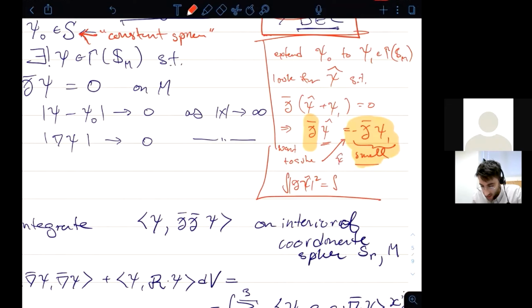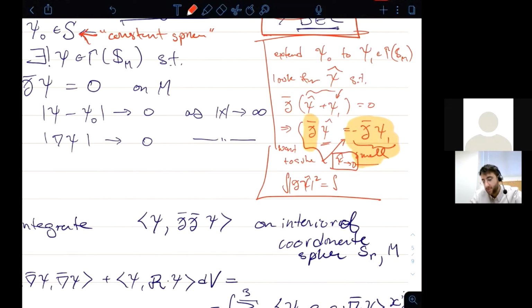You would want this psi hat to go to 0 as you go to infinity, since you want the resulting thing to be asymptotic to this psi1. So that's the coupled system you want to solve, with these asymptotics.